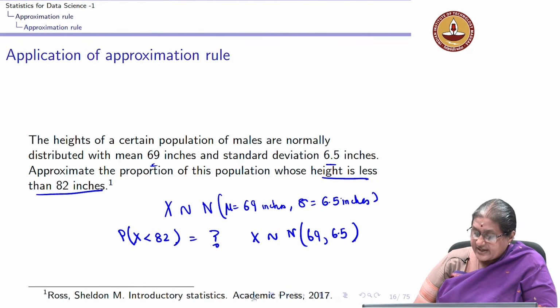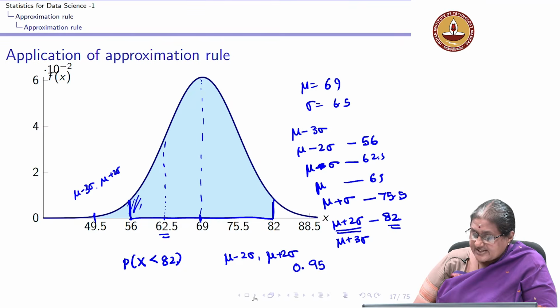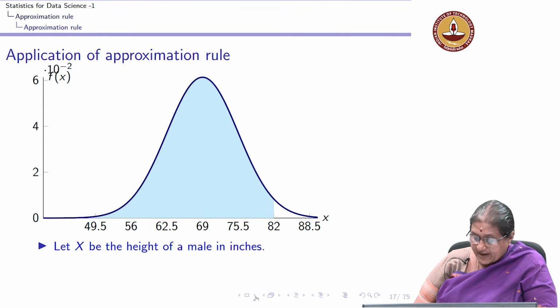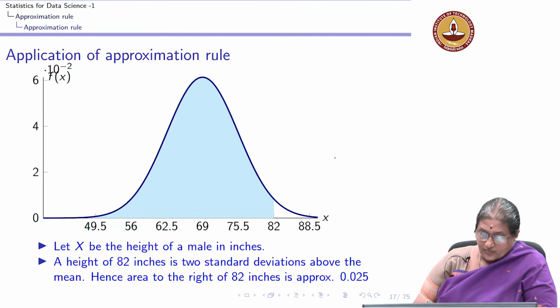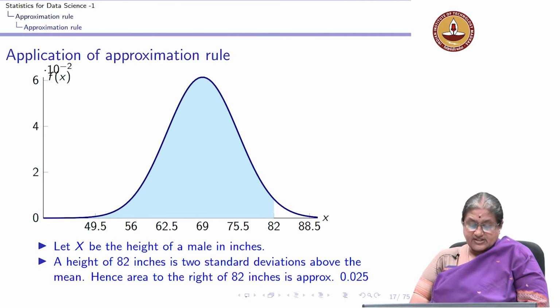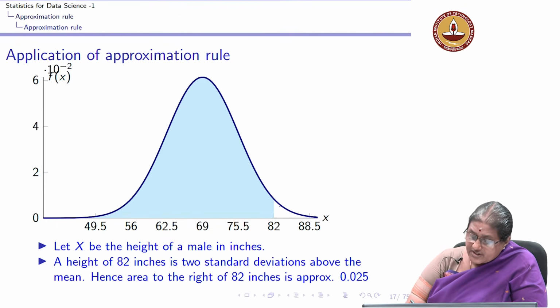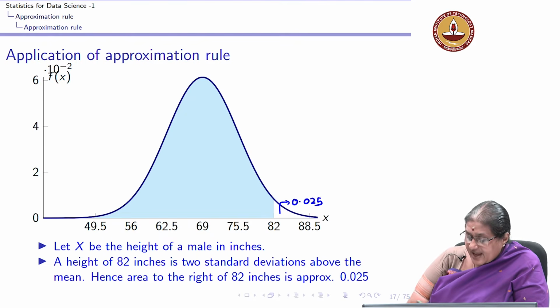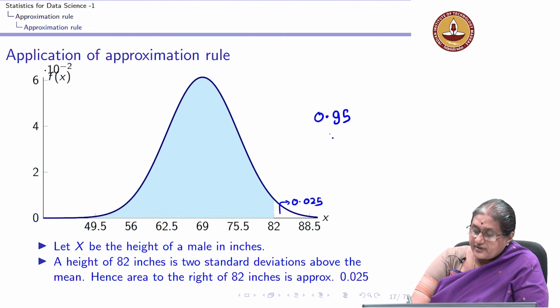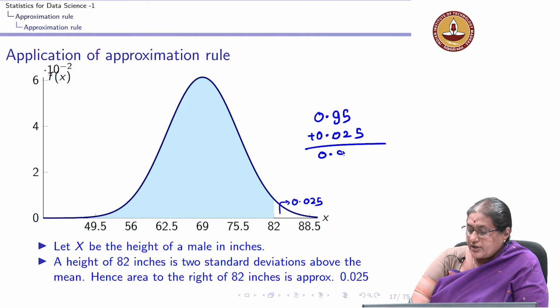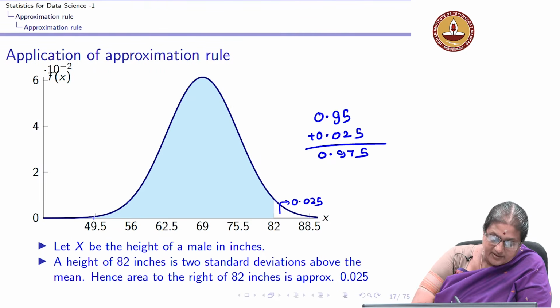In effect, the answer is going to be 0.95 plus the area above the mean, 0.025, which is 0.975.